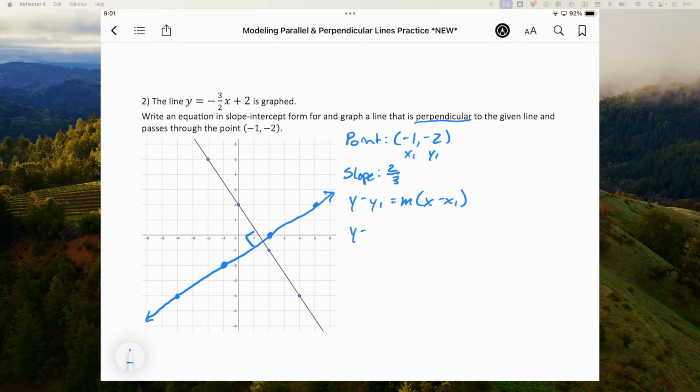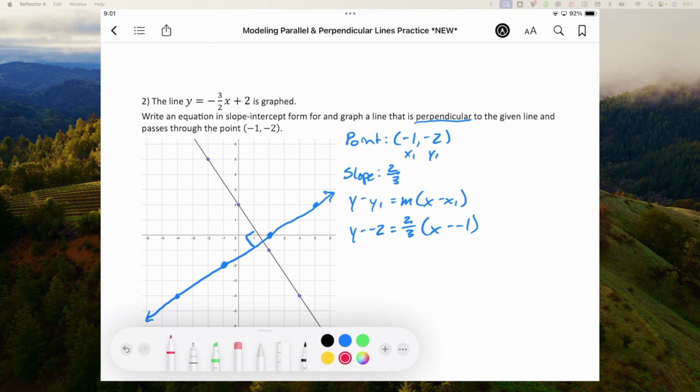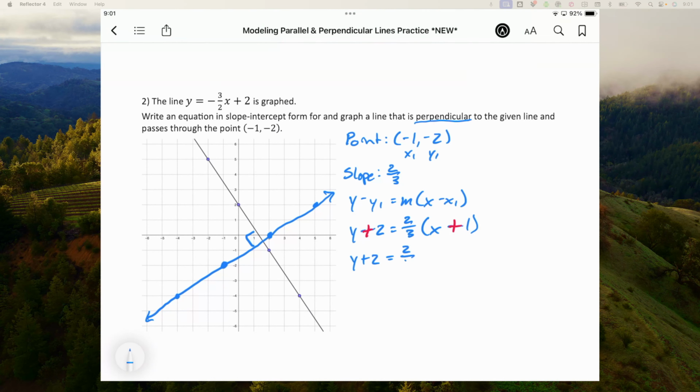So y minus negative 2 is equal to 2/3 times x minus negative 1. So y plus 2 is equal to 2/3 x plus 2/3.